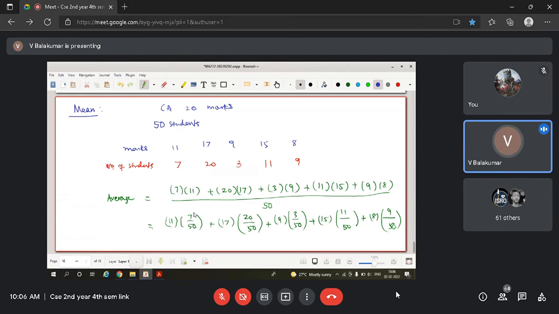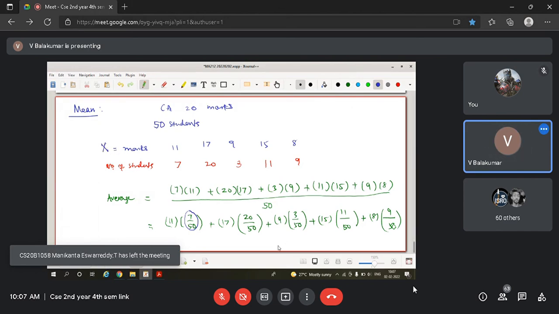Now, can you comment on this 7 by 50? Do you understand this blue encircled thing? Out of 50 students, 7 students have secured 11 marks. Out of 50 students, 20 students are getting 17 marks. Suppose I say that capital X equals these marks.